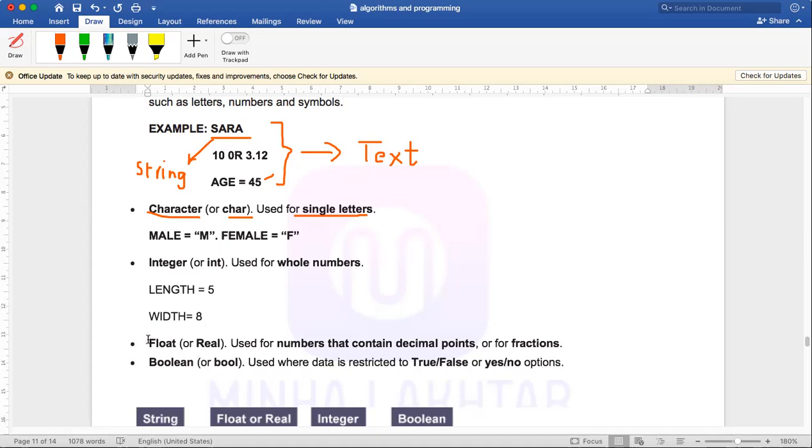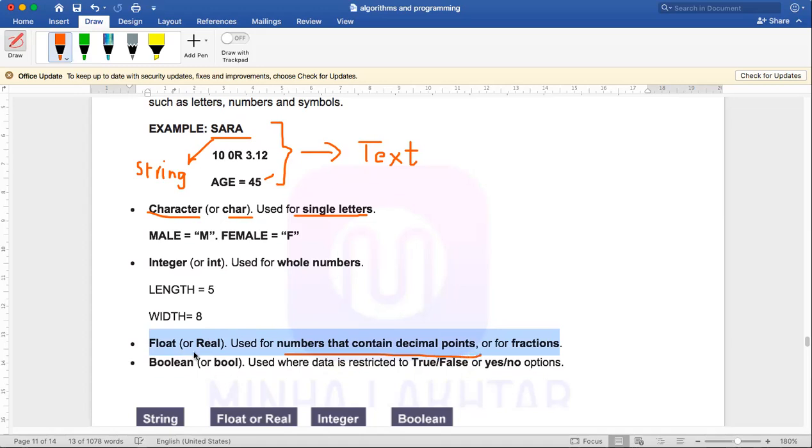Next is float or real, used for numbers that contain decimal points or for fractions. Only whole numbers, both positive, yes, of course, in integer, you're right. And if you are going to write down the decimal values, then the float data type will be used.